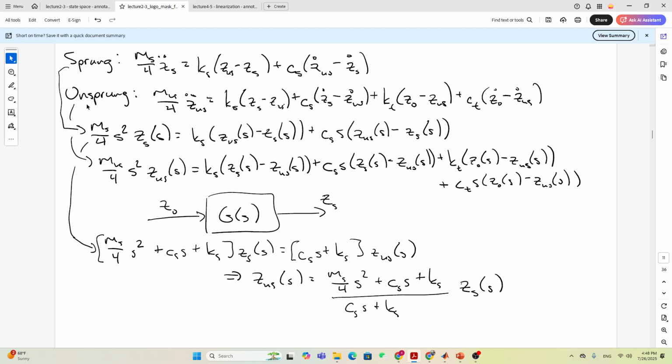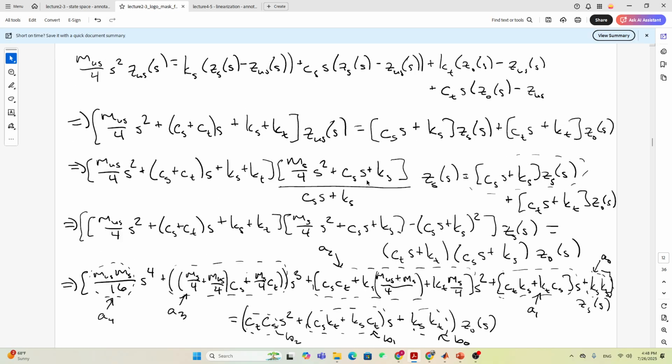So right now, if you look at the unsprung mass differential equation, if we translate into a Laplace domain, as I mentioned in the last video, if you have first order derivative, then that will become s to the power 1 times the variable itself in Laplace domain. If you have second order, then you have s squared times the variable in Laplace domain. So using this approach, we can quickly derive the unsprung mass in Laplace domain.